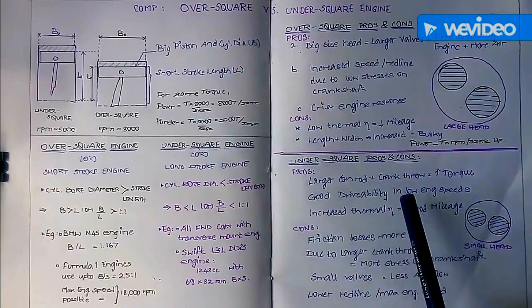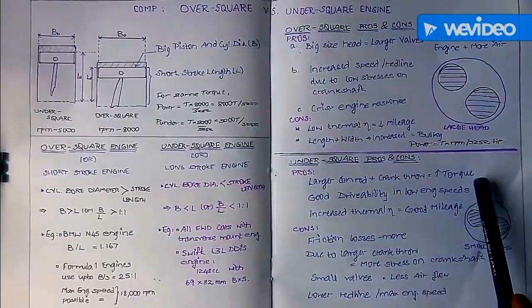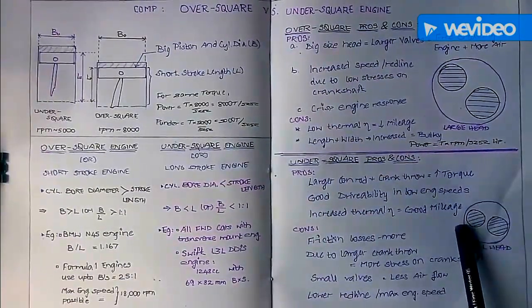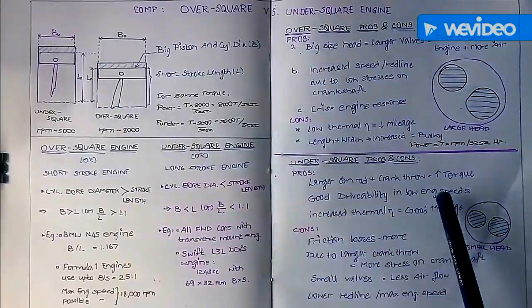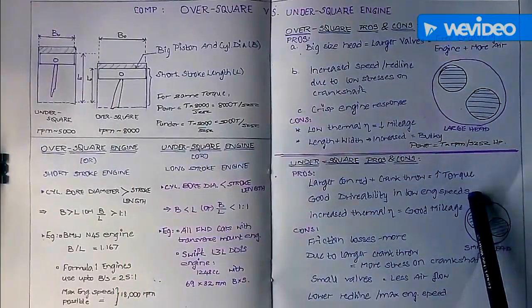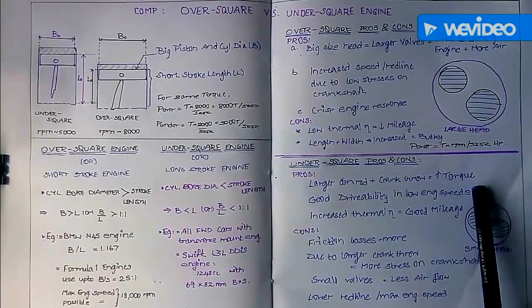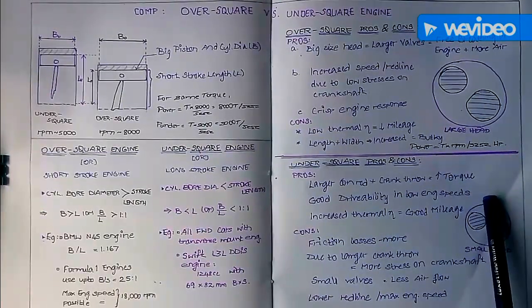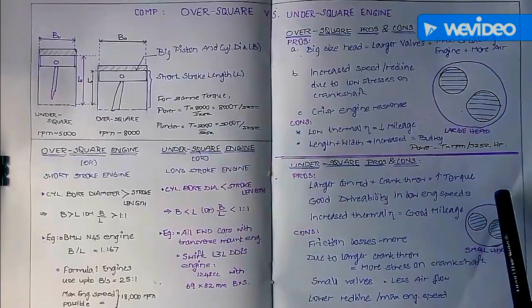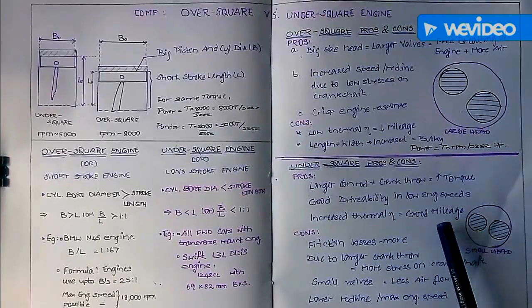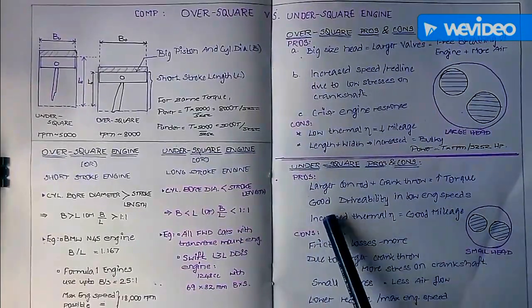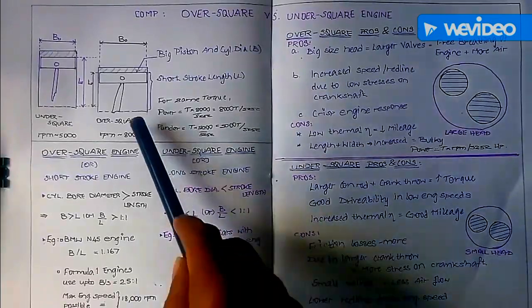Next is the drivability. This engine develops a very good amount of torque at very low RPMs compared to an over square layout. So city driving would be quite easy, and that's the main reason why all manufacturers and OEMs recommend or use under square engines as far as passenger commuting is concerned. Next is the thermal efficiency.